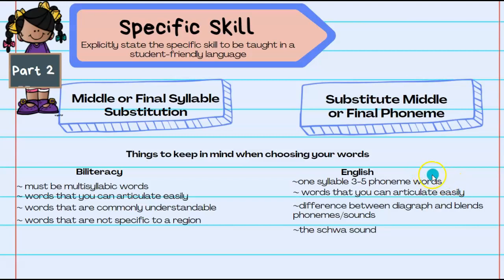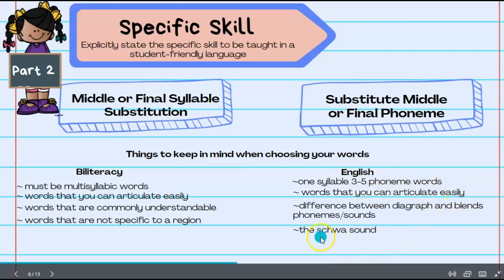You will need 2 words for the I do part of your lesson, and you will need 2 different words for your we do part of the lesson. What kinds of words will you be able to model with and then pretend that you're providing the students practice with? Well, you have to use 1-syllable words that contain between 3 to 5 sounds in them.